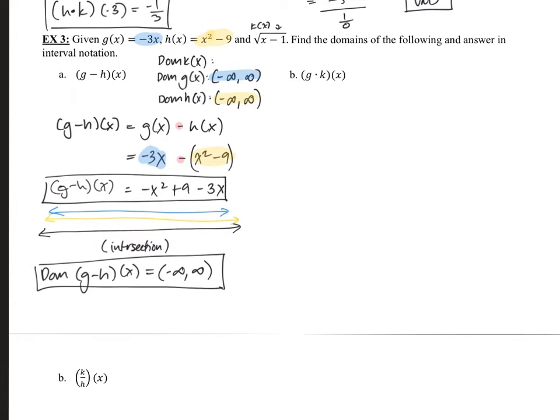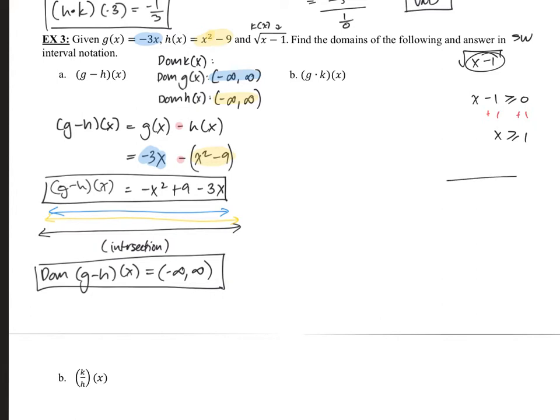Ooh, k of x is a radical. So let me go ahead and find that on the side here. What number are we not allowed to have there? Well, we know for radicals, the item inside, so this is going to be my scratch work, the item inside needs to be greater than or equal to 0. So x minus 1 needs to be greater than or equal to 0. Solving for x, we get that x needs to be greater than or equal to 1.